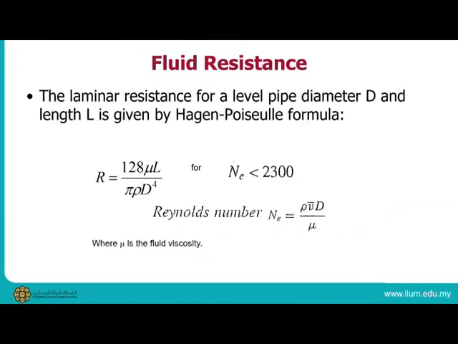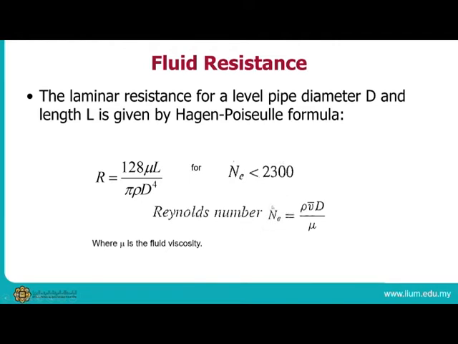The laminar resistance in a pipe with diameter D and length L can be represented using the Hagen-Poiseuille formula. This is only applicable for a Reynolds number below 2300.